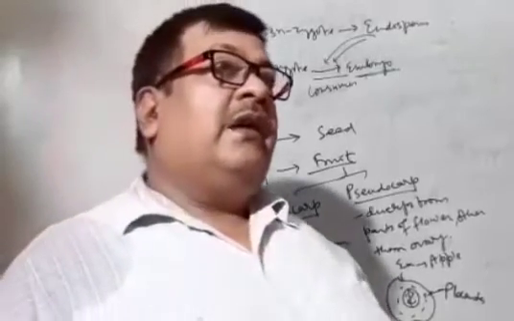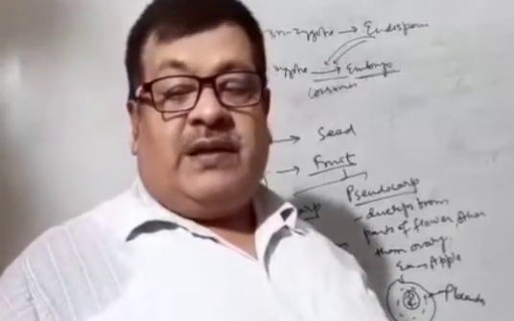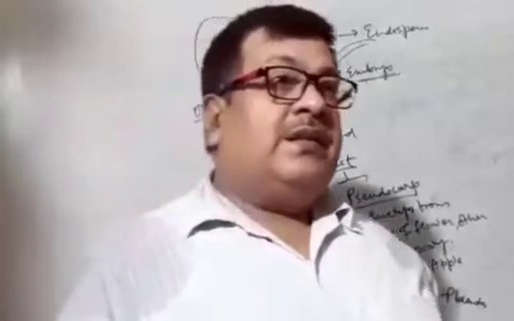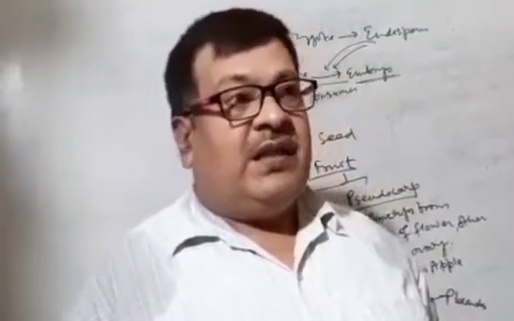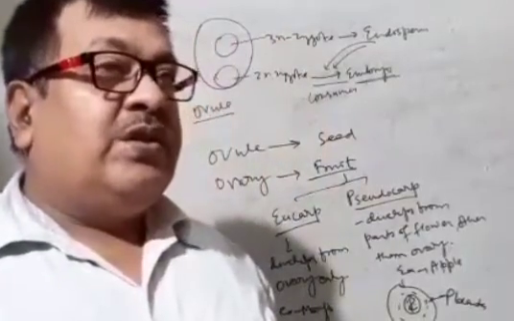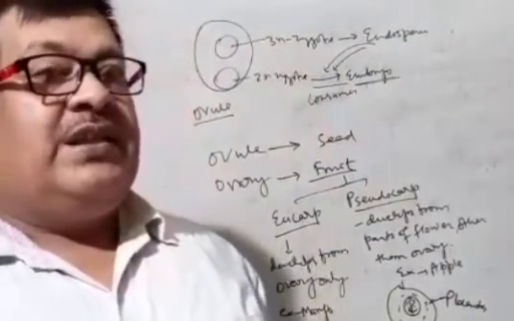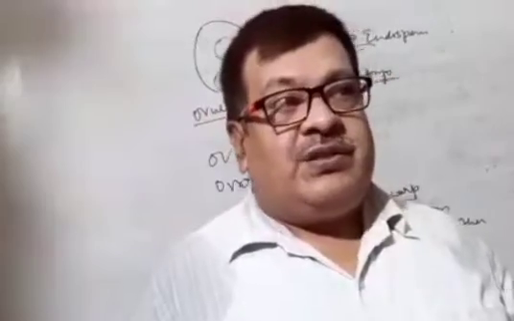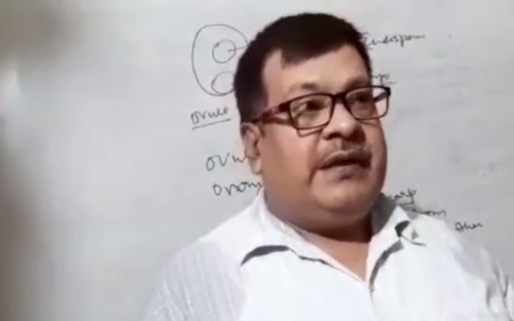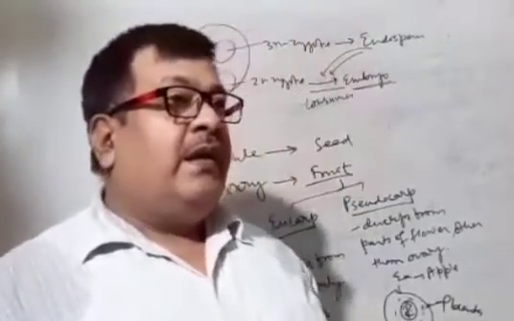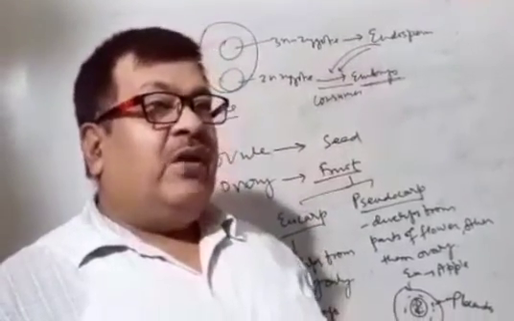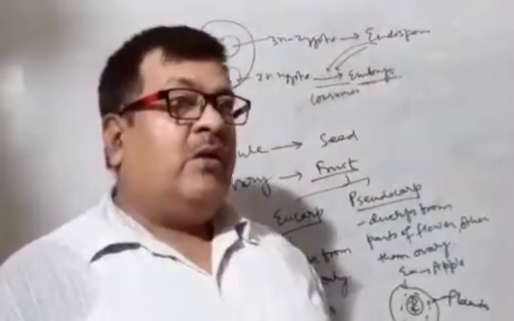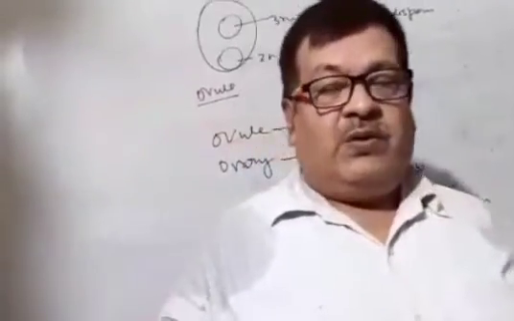When there is an adverse condition in the environment, the seeds are preserved inside the testa and tegmen, which are its seed coats, and it is resistant to dryness, flood, heat, fluctuation, etc. So the seed is the dormant form of the plant. Okay, thanks.